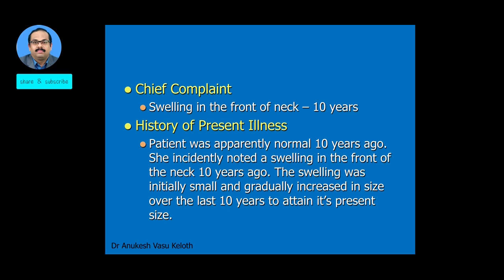Her chief complaint is a swelling in the front of neck of 10 years duration. History of present illness. Patient was apparently normal 10 years ago. She incidentally noted a swelling in the front of the neck 10 years ago. The swelling was initially small in size and gradually increased in size over the last 10 years to attain its present size.